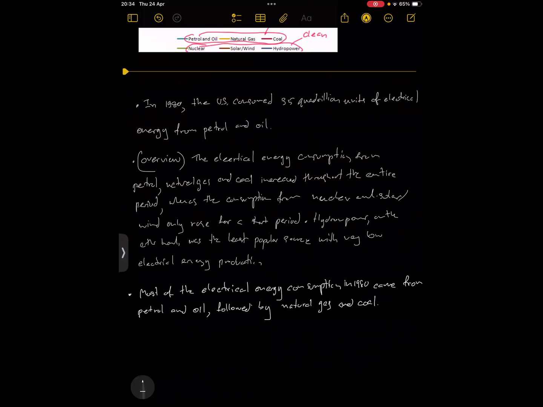So most of the electrical energy consumption in 1980 came from petrol and oil, followed by natural gas and coal.